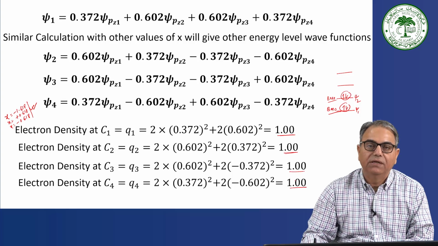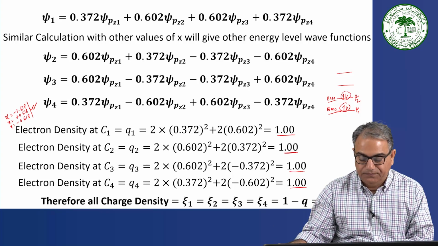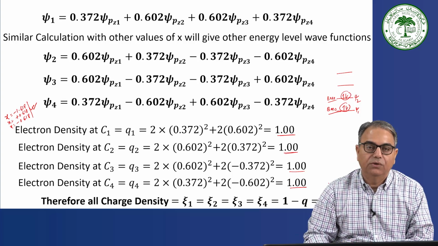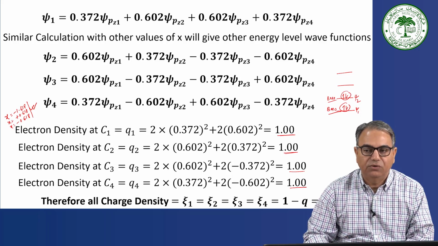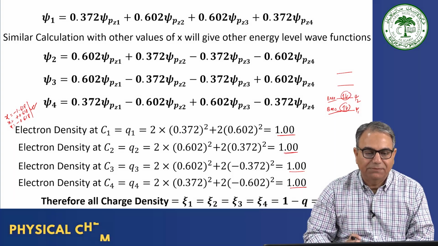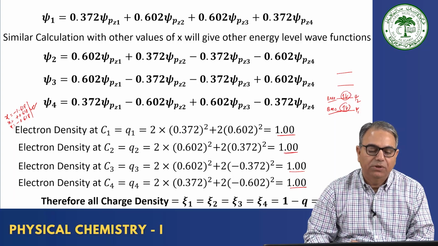So obviously, if the electron density is 1, the charge density will be equal to 0, and therefore all charge density values will become equal to 0. So there is no charge present on the carbon atoms of the butadiene molecule, and obviously you know butadiene is a neutral molecule. So the result which you obtain is what is expected from the butadiene molecule.